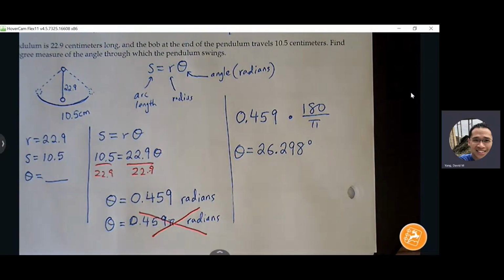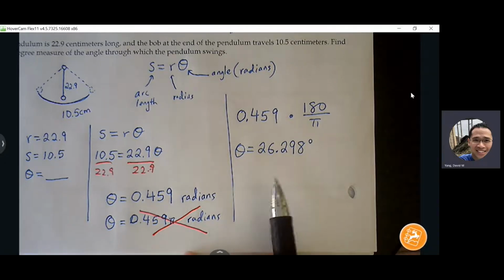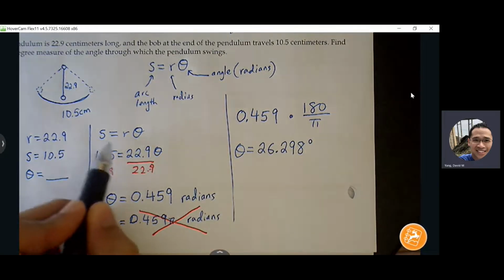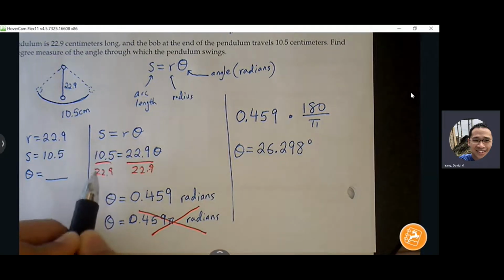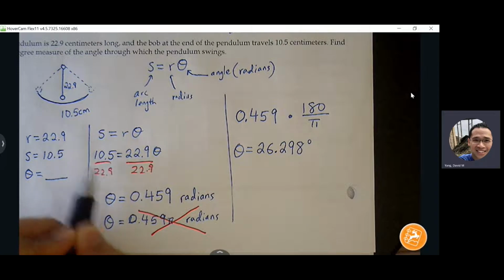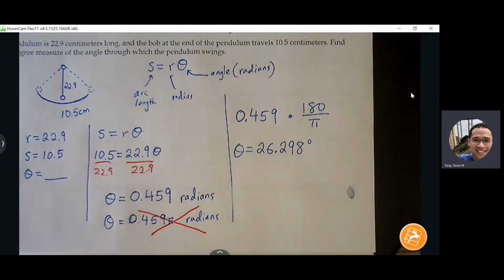I got 26.298. Okay. If you're holding on to this value, then yeah, that's gonna be more accurate. If you kept this fraction, okay, let's do that.